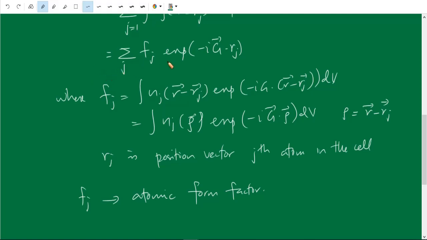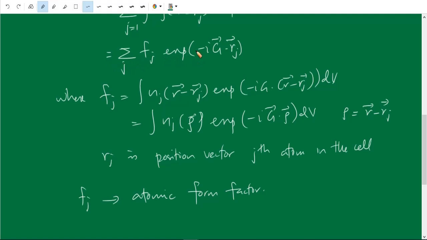There is an additional factor, the phase factor exponential minus i g dot Rj, so we have to multiply with this factor also, because these are vector quantities. That means electric and magnetic fields are vector quantities, so we have to consider the phase of the vector also. If it were a scalar quantity, we would just sum over Fj.